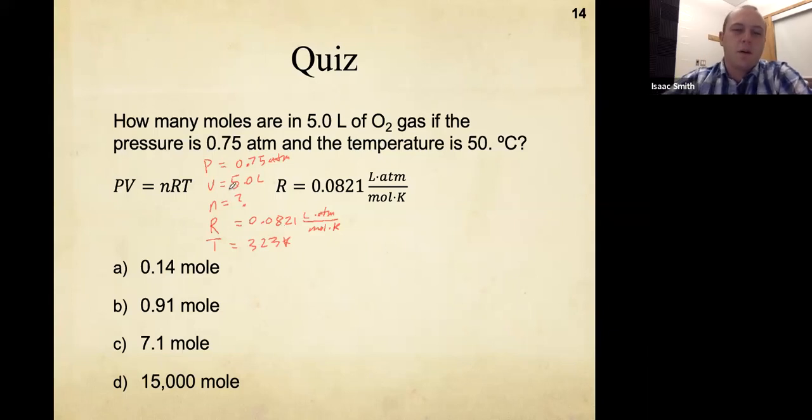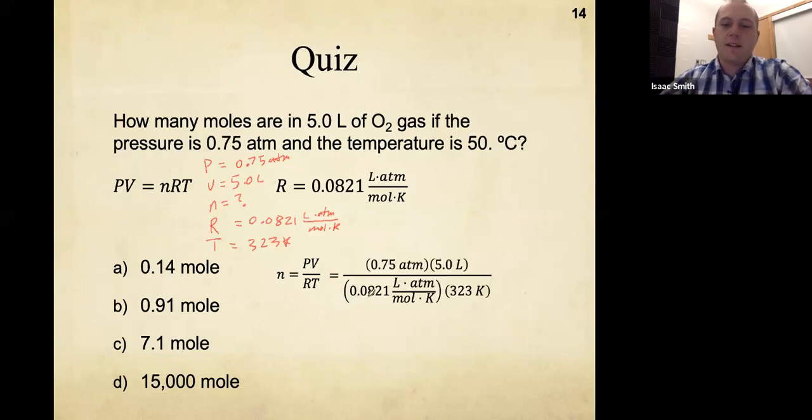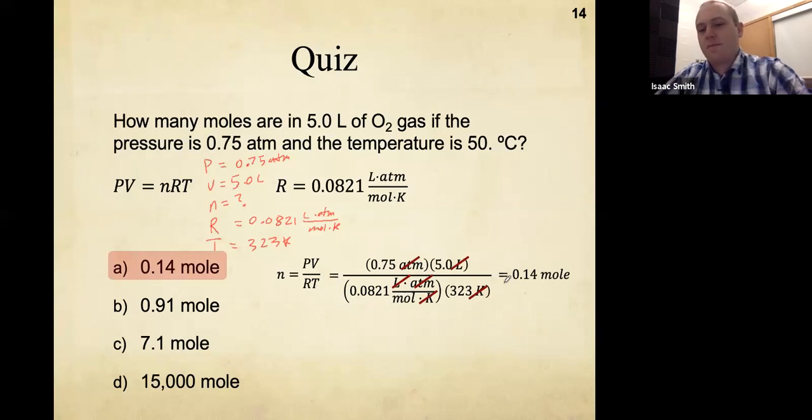Well, we have 4 of the 5 variables, so we can just plug it in and solve for N. We want to rearrange it to solve for N. And then you plug in your volume, your pressure, your R, and your temperature. Lots of numbers. All your units cancel out except for moles. And since moles is in the denominator of the denominator, it comes up to here. Anyway, if you are a unit person, you might find that fun and interesting. And you get to your answer.